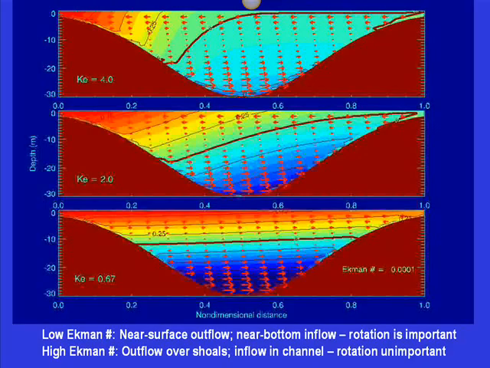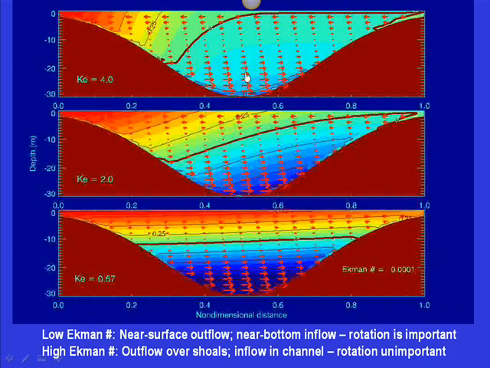And that's the Kelvin number. The Kelvin number is the ratio between the width of the system and the internal radius of deformation. Notice here that in this representation we have three different Kelvin numbers, but the x-axis is non-dimensional from 0 to 1.